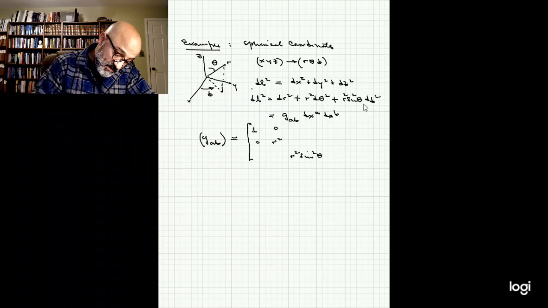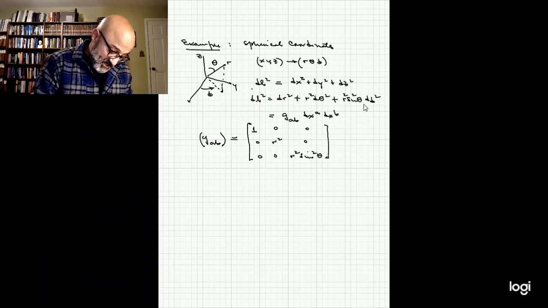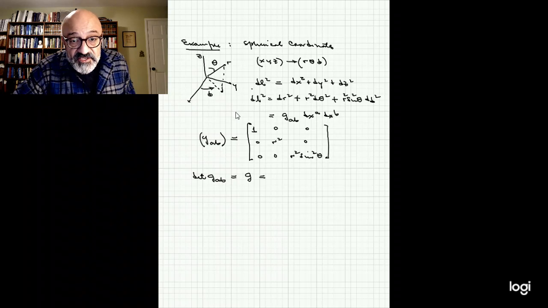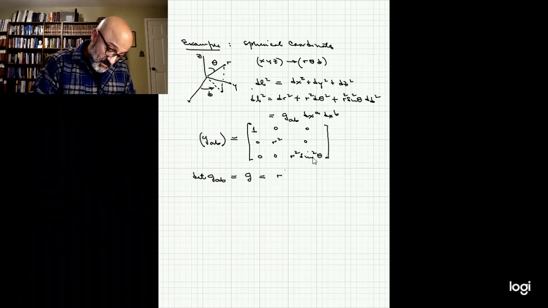Everybody else is 0. So when we compute the determinant, what we call g, it's very easy because it's diagonal. So it's 1 times r squared times r squared times sine theta squared.